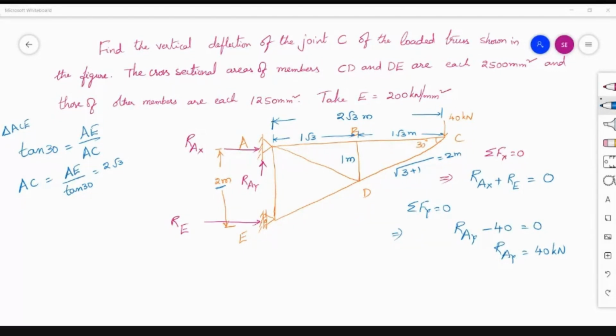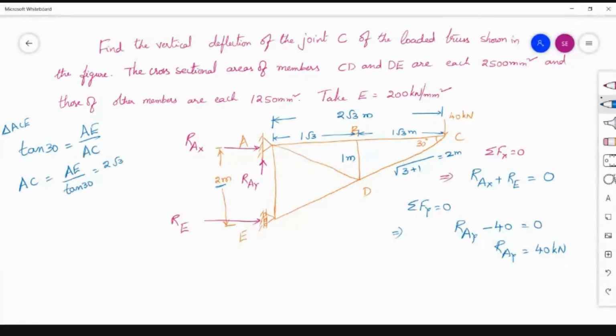This will also become 2 meters only. Why? Because if you consider this as a triangle, this is 1 meter, this is 1 root 3, so this will become 2 meters. Now we have determined the dimensions of this truss.